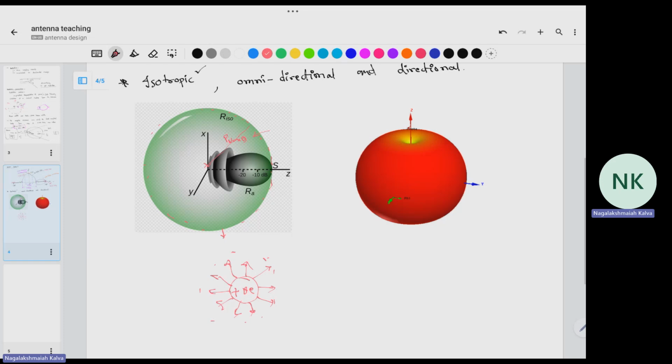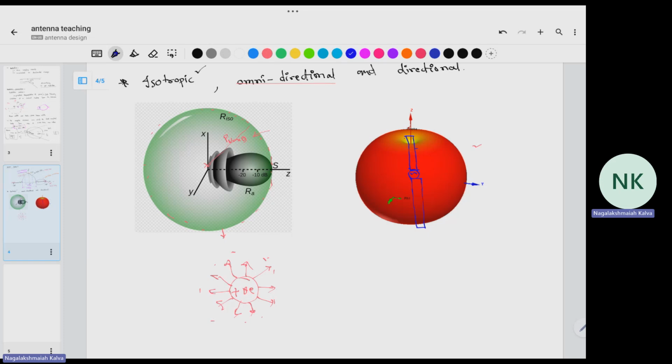Second one is omnidirectional antenna. So omnidirectional radiation is something like an apple shape, like this. So here the radiator is placed like this. A simple example is a dipole antenna where we'll excite at the center.